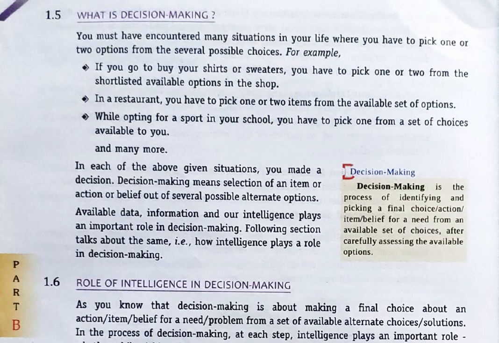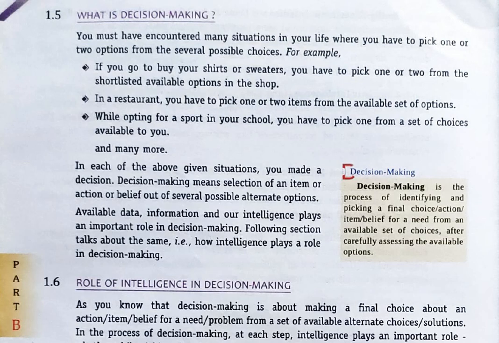So decision making is the process of identifying and picking a final choice, a final action, or final belief for a need from an available set of choices, but after carefully assessing all the available options. Okay, so you first have to assess all the available options, then you choose your final action.